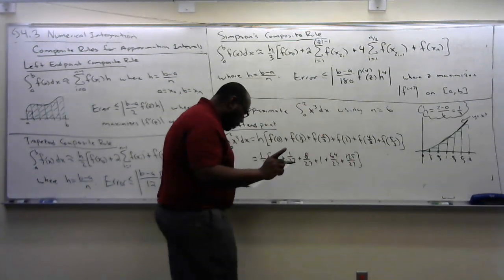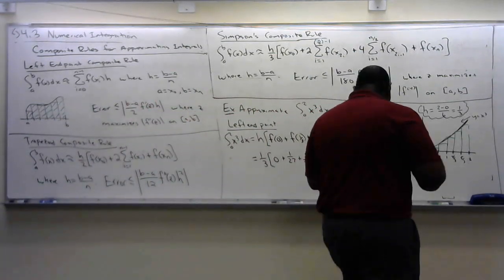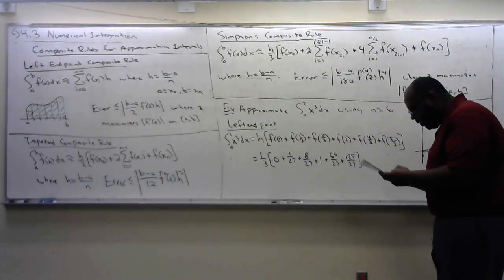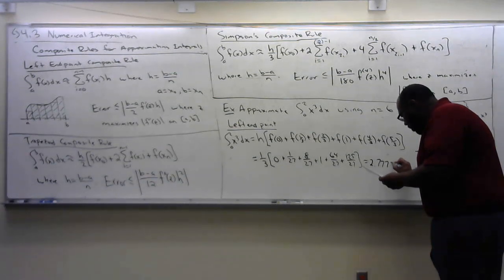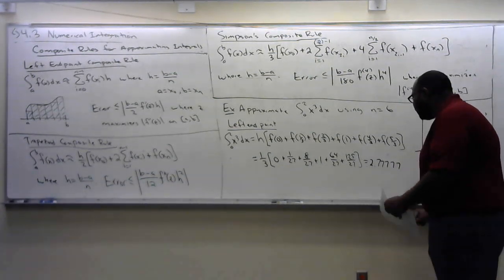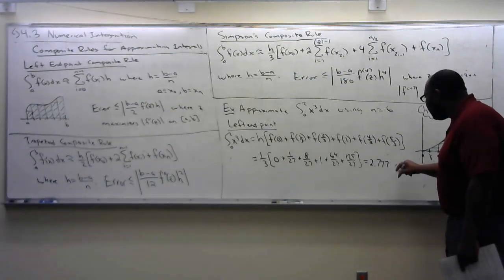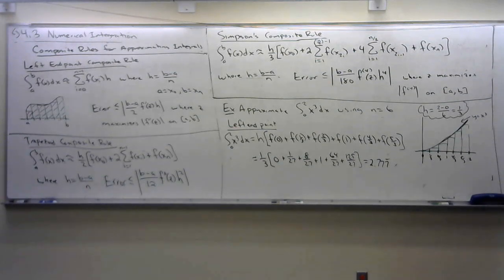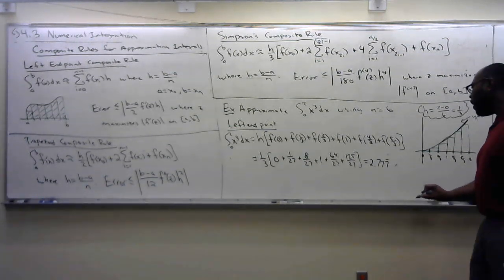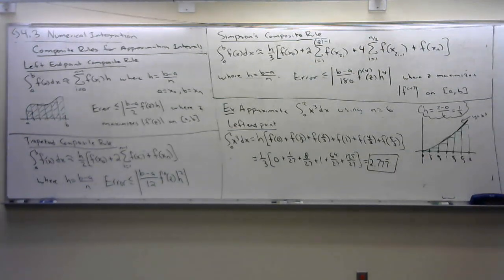And that works out to be approximately equal to, since I put down all these fractions, I'm going to give it to you in decimal form. I get about 2.7777, and it repeats forever. So I can just say 2.7 and it goes on forever. So there's my approximation using the left endpoint composite form.